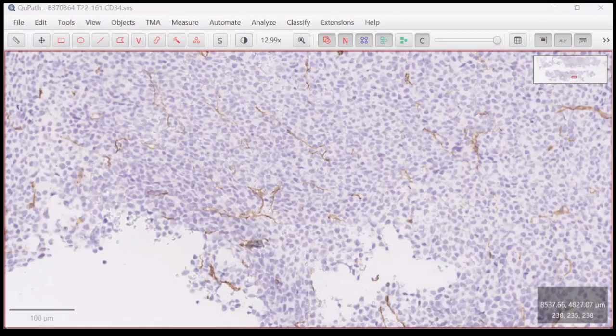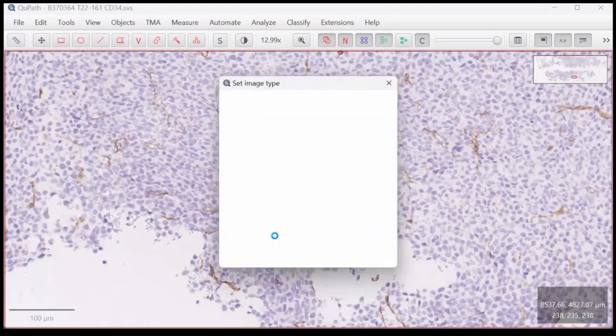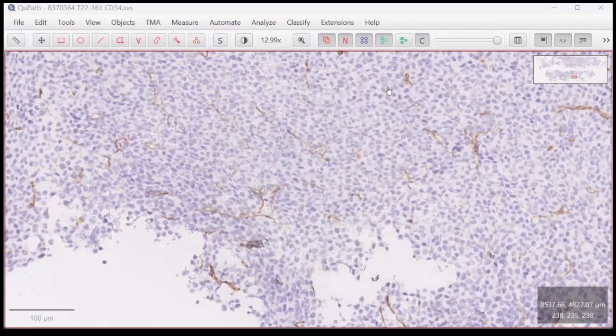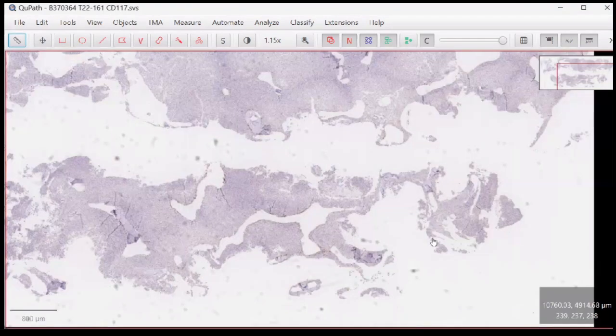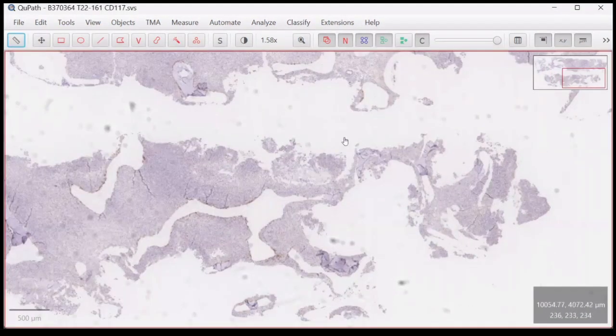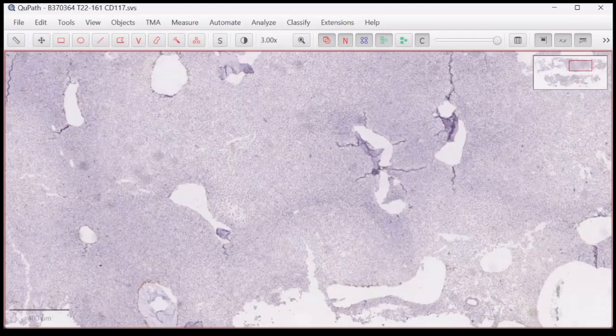This is CD34 negative. CD117, this is CD117, also completely negative.